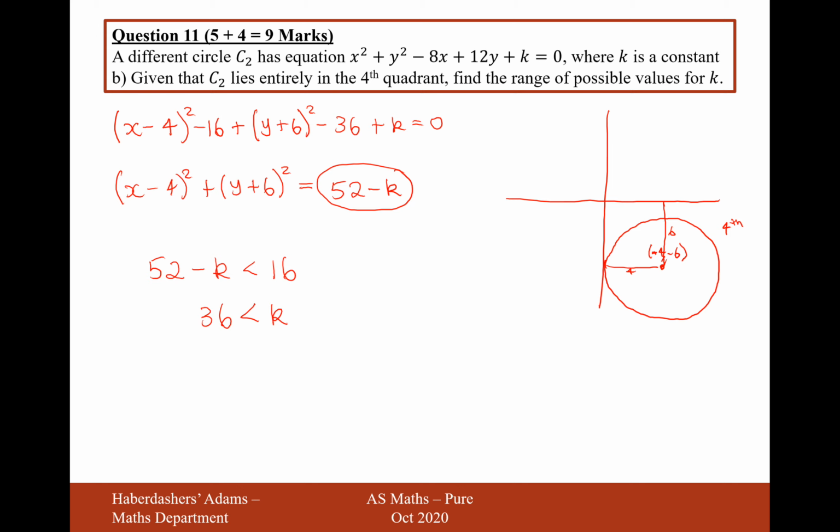So k has to be bigger than 36. But what we also don't want is for the radius squared to be less than 0, so we have to make sure that this expression is positive. Therefore k has to be less than 52. So k is going to be a number in between 36 and 52.